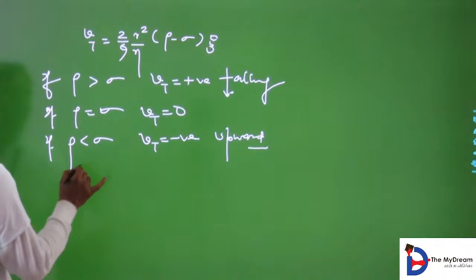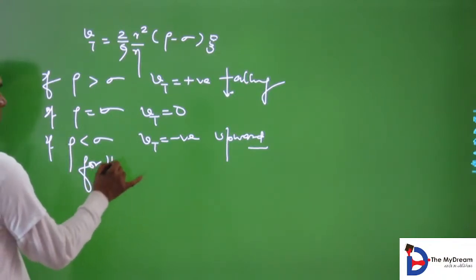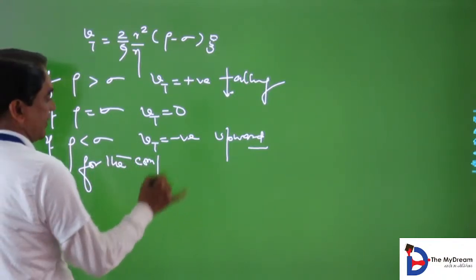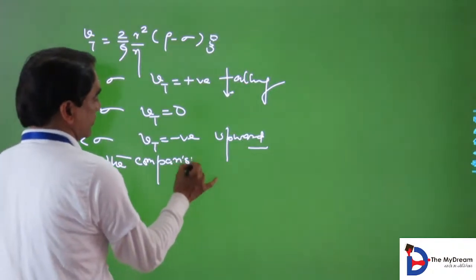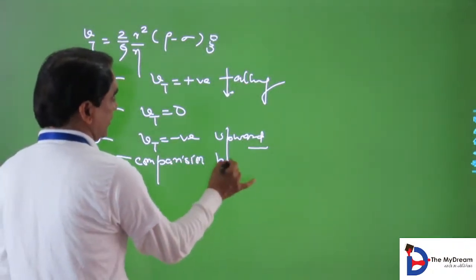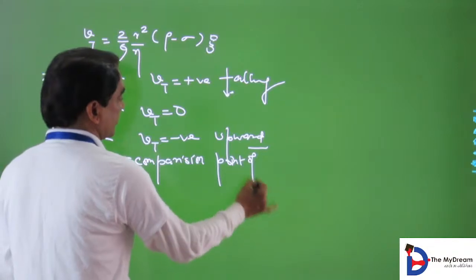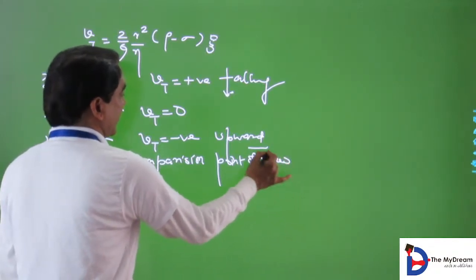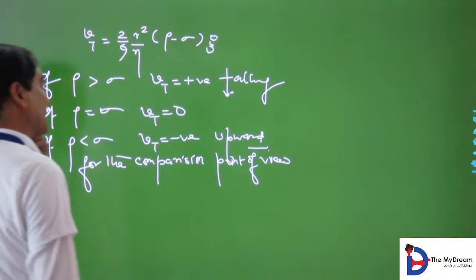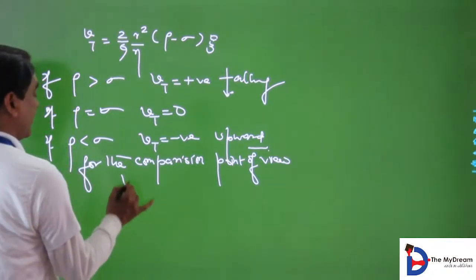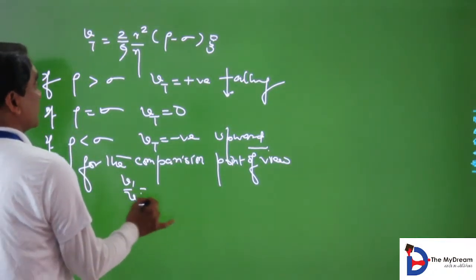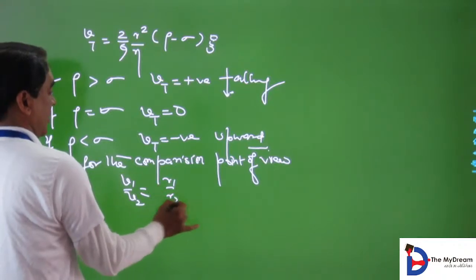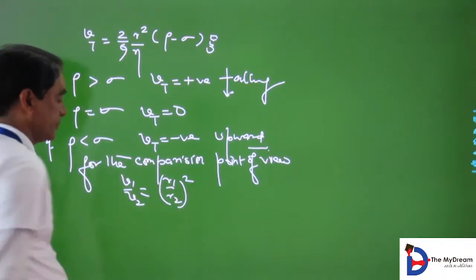From the comparison point of view, V1 upon V2 is equal to R1 upon R2 whole square.